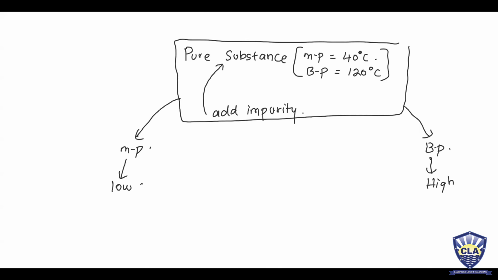So let's suppose firstly its melting point was 40 degrees Celsius. Now it would become less, it would become 36 degrees Celsius. And its boiling point, firstly it was 120, so now it would be 124 degrees Celsius or 123. It's not necessary that you should increase this by 4. It could be 123, 124, depending on the amount of impurity you have added inside it. So, keep this in mind. Question?